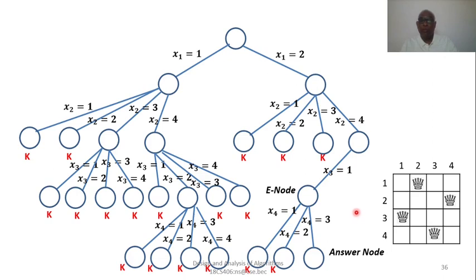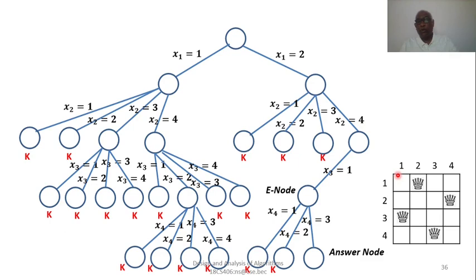For example, if you want to continue, the next thing you would do is go back to the previous level, because at this level, all the possible values of x4 are exhausted. So from this level, we go back to the previous level and then look at the other possible options of exploring with x3 equal to 2, x3 equal to 3, and x3 equal to 4.